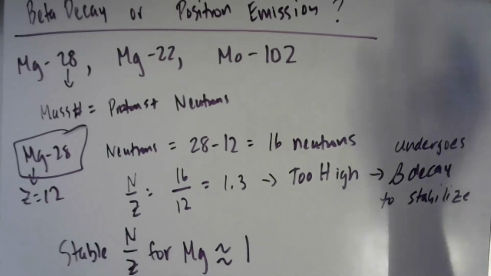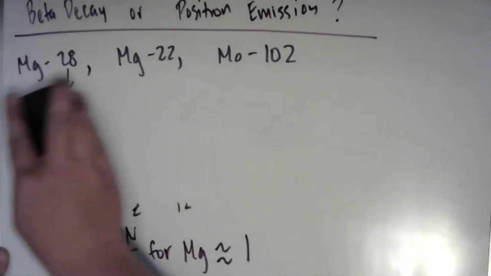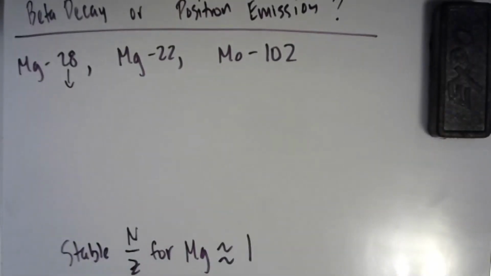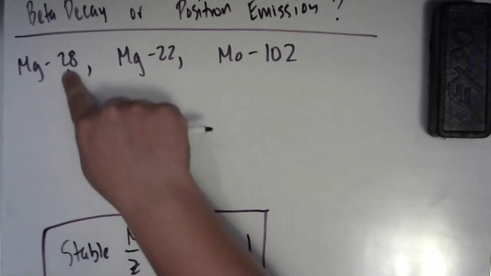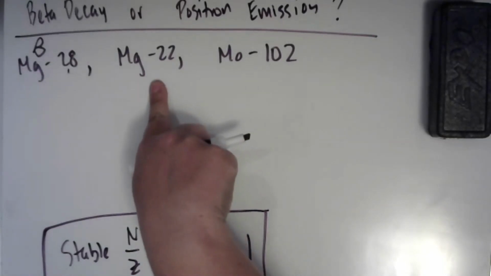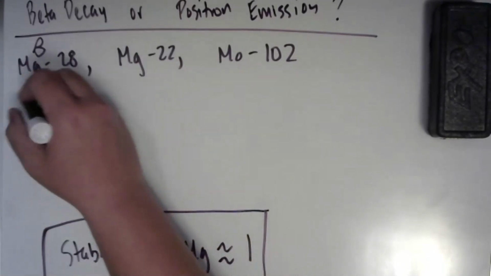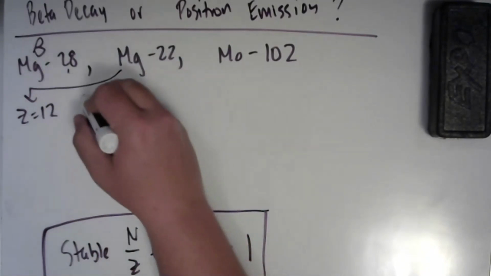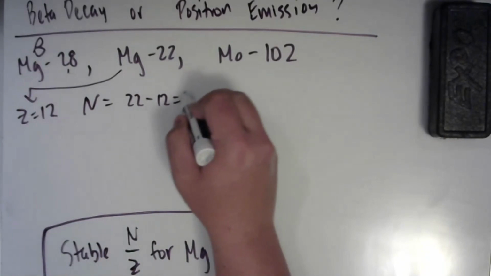For our next example, magnesium 22, we're still using magnesium, so that's nice. We can keep that same stability comparison right down here. But now we're looking at magnesium 22. So our protons are still going to be 12, but our neutron value is going to be 22 minus 12.